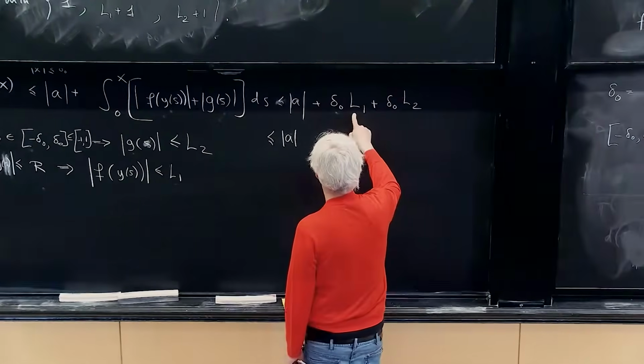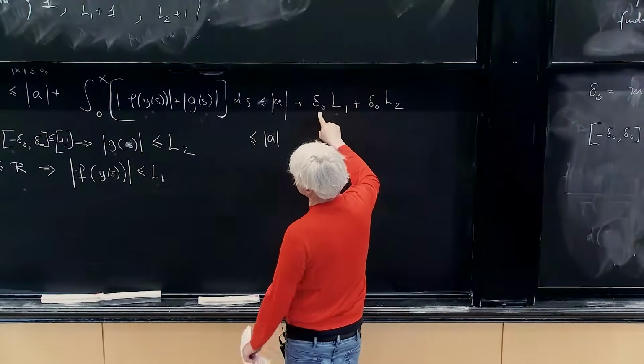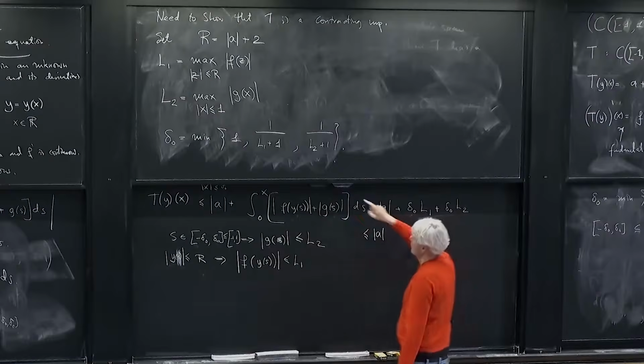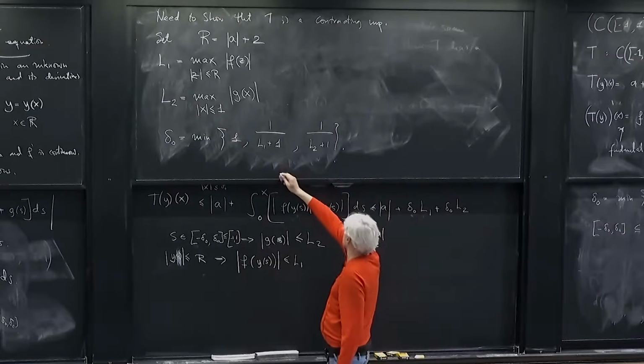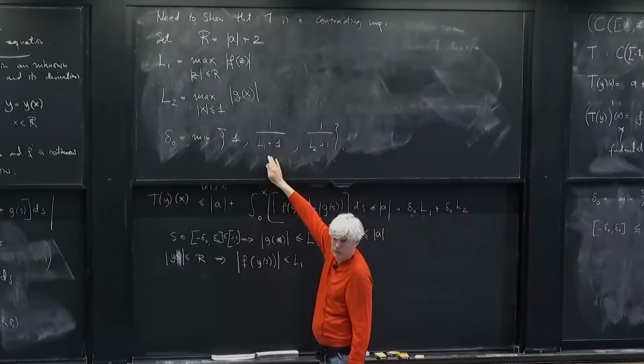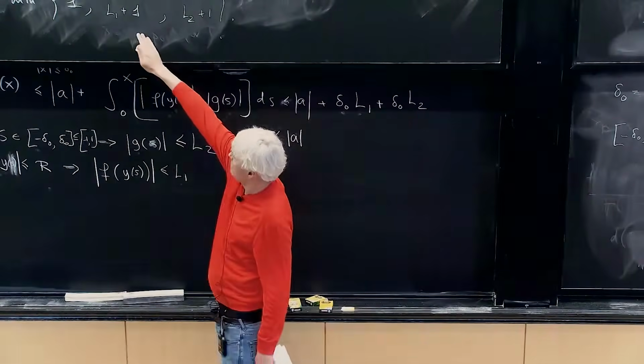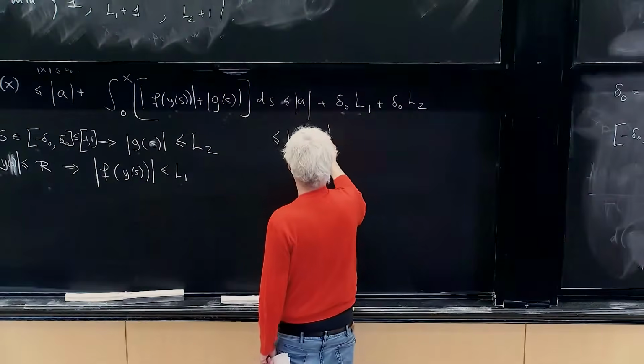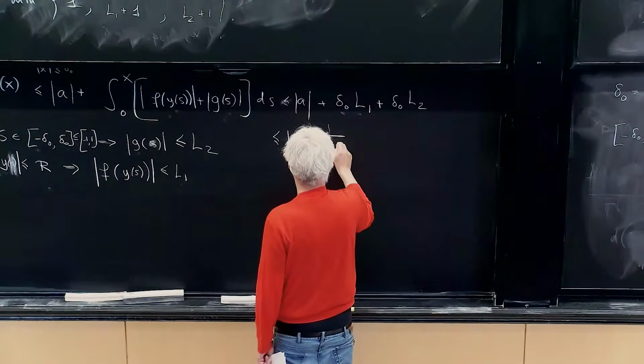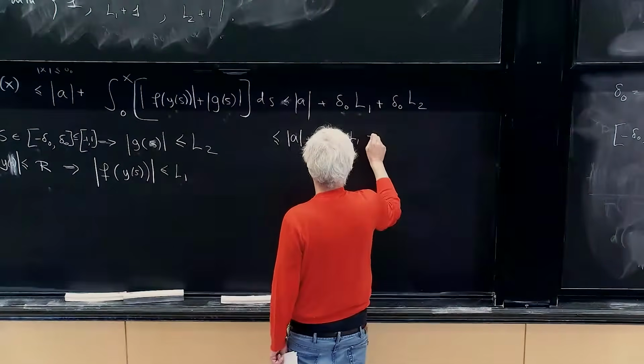Delta 0 is in particular less than this thing here. So if you plug this in, you get 1 over L1 plus 1 times L1.